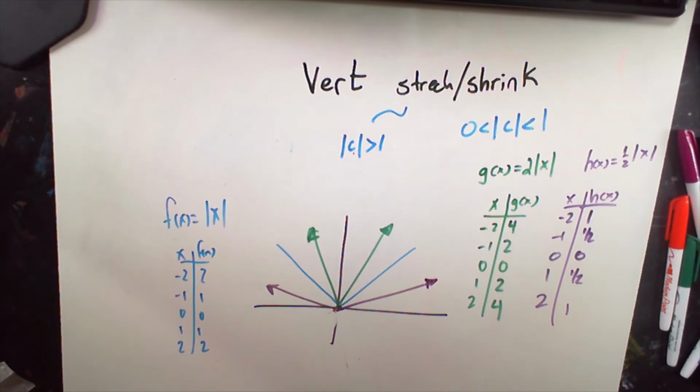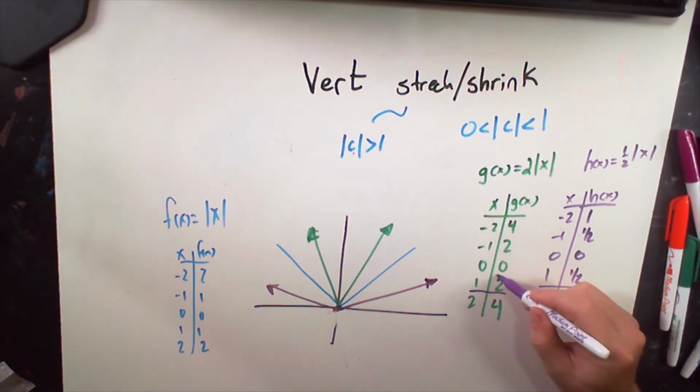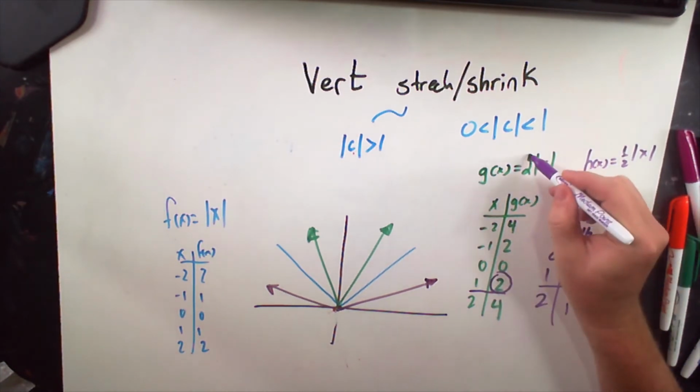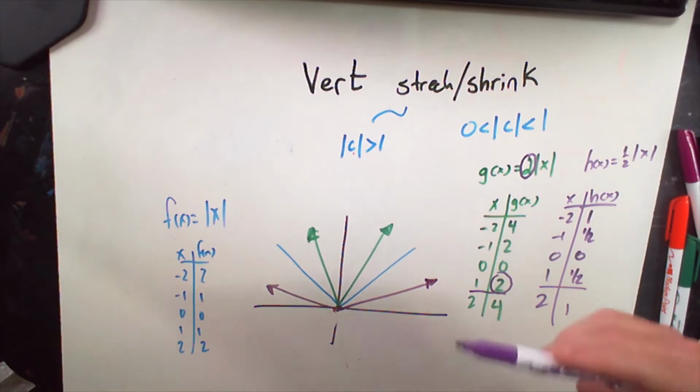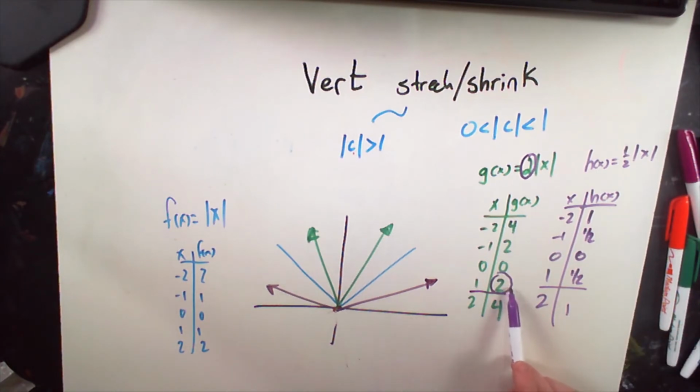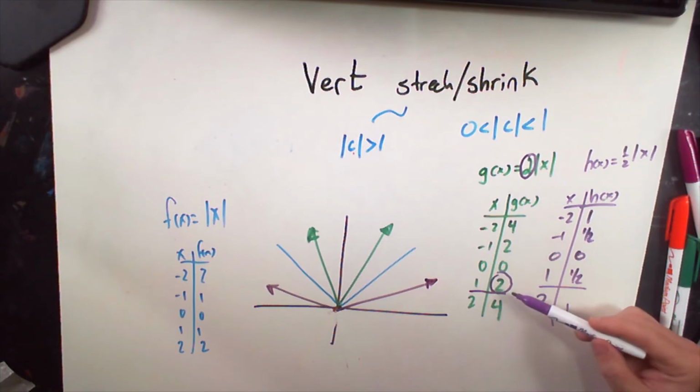Now, one thing that I want you to notice, this is where that 1, 1 point that we were talking about that's in all those functions comes into play. If we look at that 1 function, that 1 point, right? Notice that that 2 is the same as that 2. By going over 1, whatever you have to go up or down, that is the stretch or shrink factor.